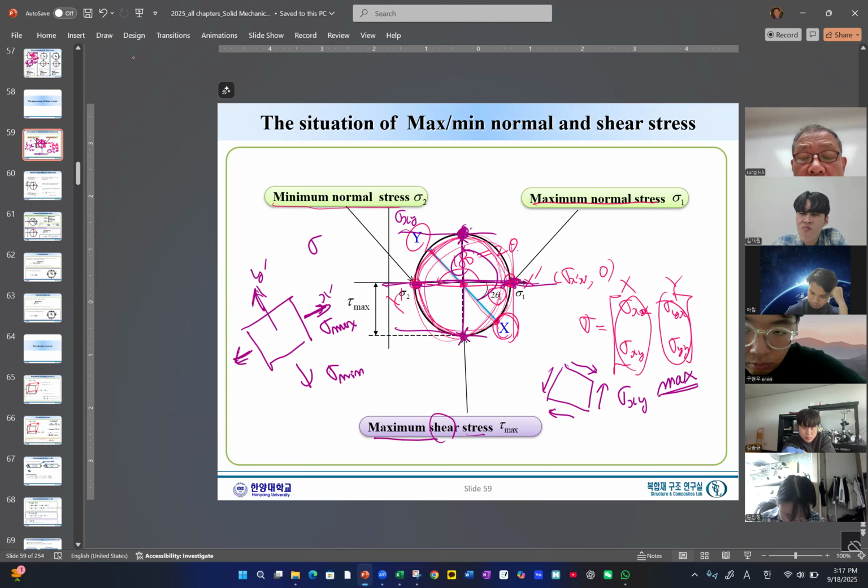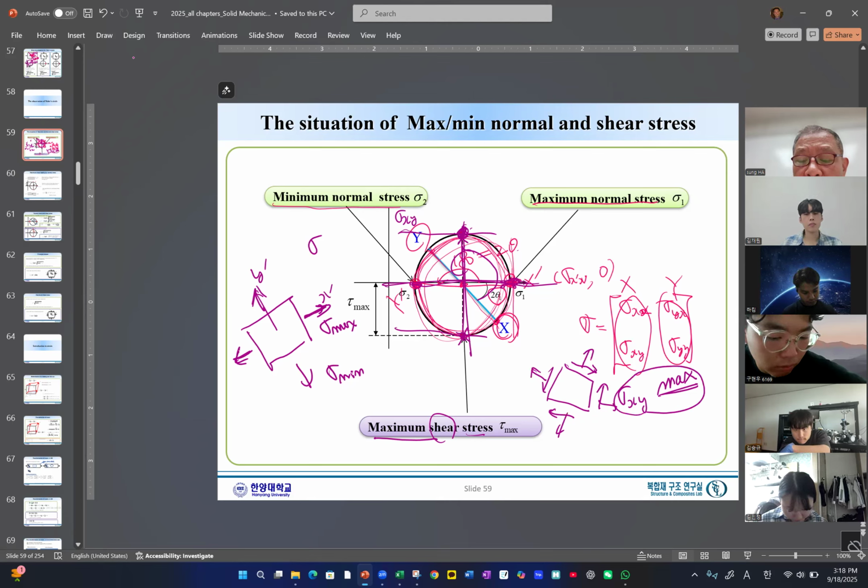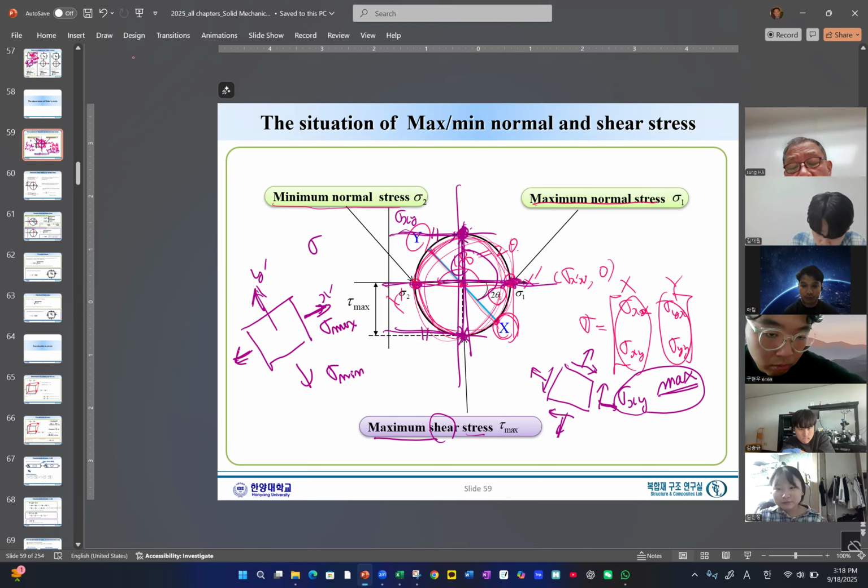And also at the maximum, we have sigma xx and yy, these two terms. If sigma xy is maximum, then sigma xx and yy are the same.